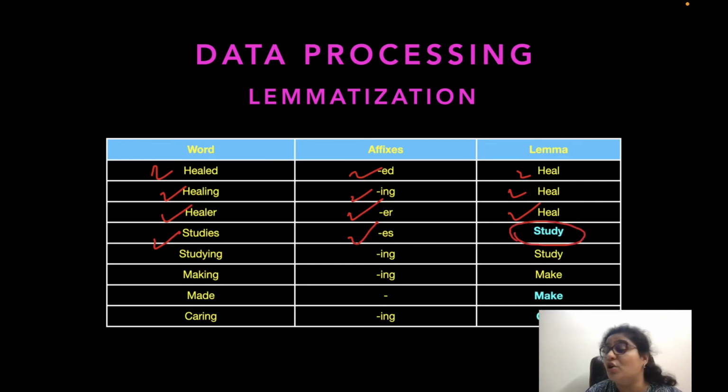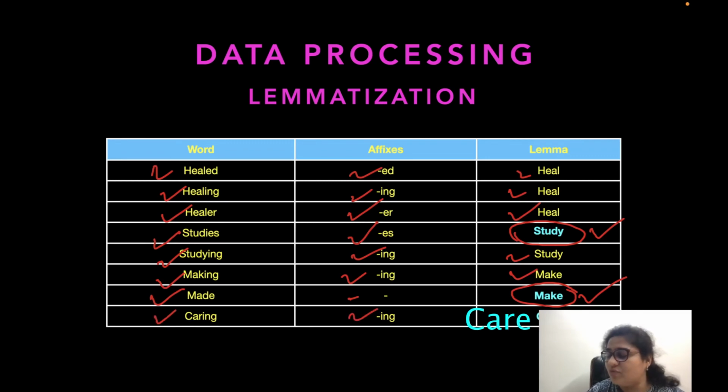Study, not studi, which we were getting in stemming. So this is a good meaningful word for me. Studying: ing removed, study, no problem. Making: ing removed, getting make, no issues. Made: no affix. Am I getting made out of it, which was the stem? No, I am getting make, which is actually the root or base word. All right, good.